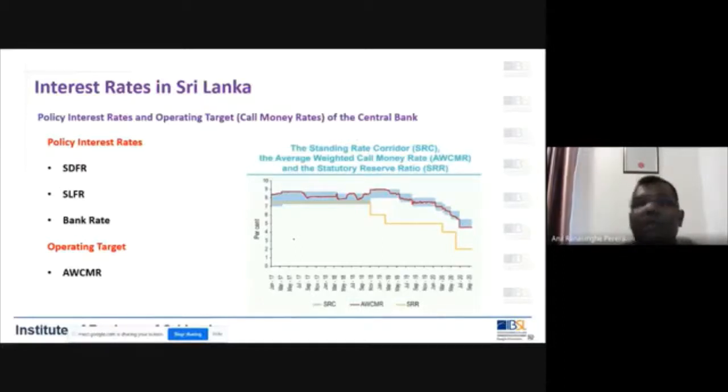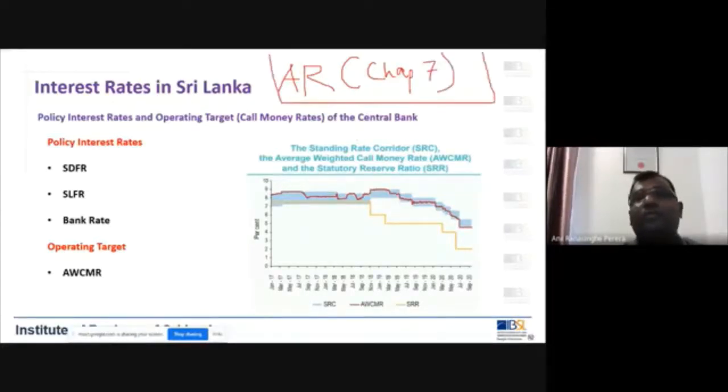Okay. Now my assignment for you basically: just look at the central bank annual report, chapter 7. This chapter 7 is on money and interest rates.